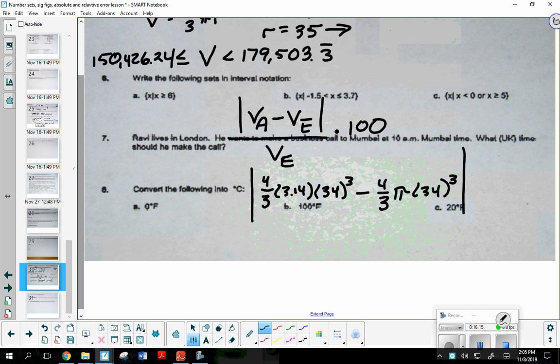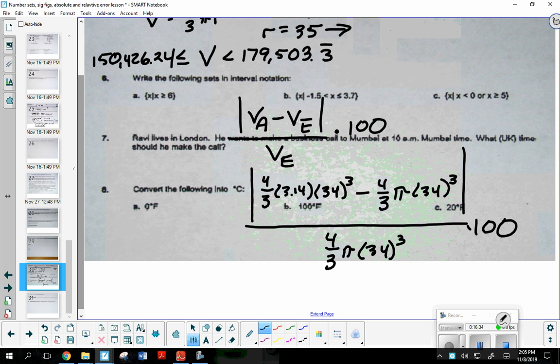I'm doing one with 3.14, but the other one I'm using the exact value of pi. And then I'm going to divide by 4/3 pi 34 cubed, and then multiply that by 100. So is everybody okay with what I'm doing?